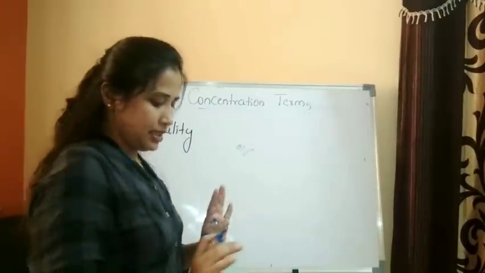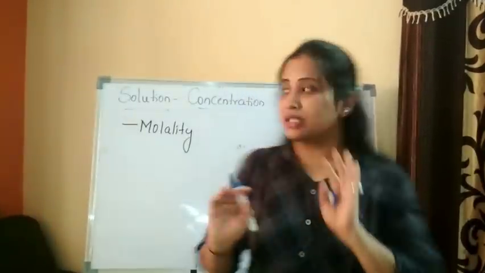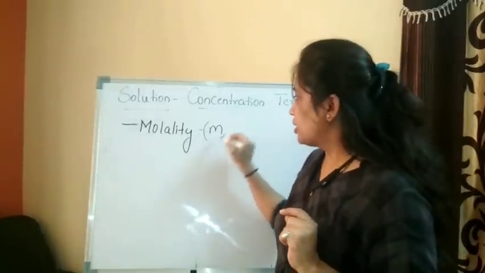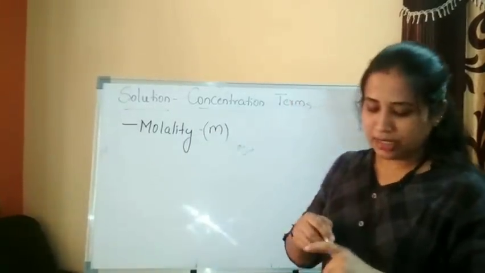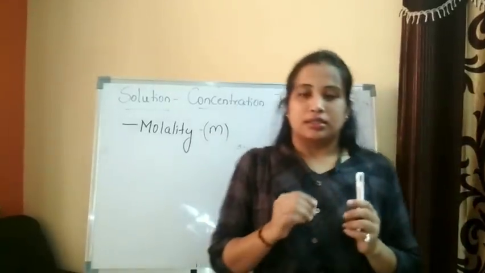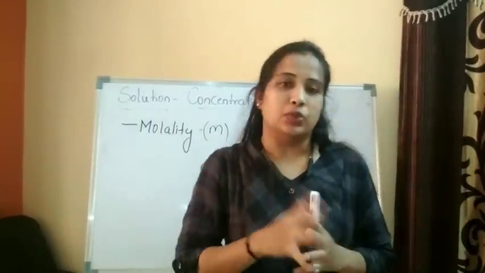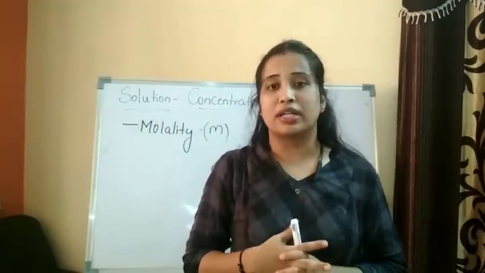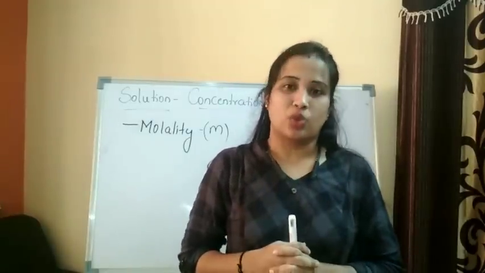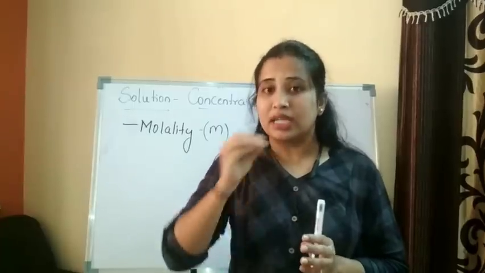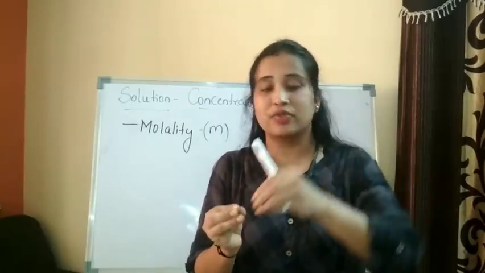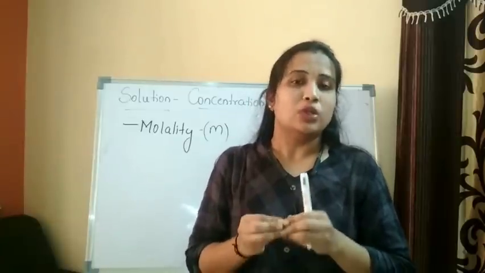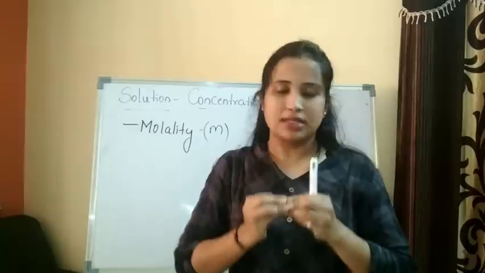Molality is represented by small m. Molality is nothing but the number of moles of the solute dissolved in 1 kg of the solvent. Here, the solvent into which we are dissolving the solute is measured in kg, not in volume. That is the main difference.